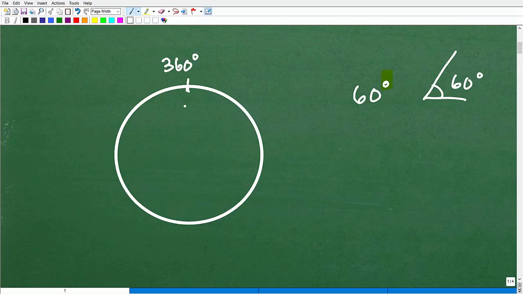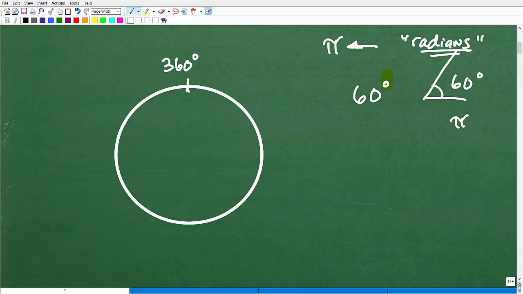But we have another way to measure angles. In trigonometry, we like to use pi. Everyone's familiar with pi, 3.14, et cetera. It's very important because it has to do with circles. So we have another way we can measure circles, and that's called radians. Here, I'll spell this out for you: R-A-D-I-A-N-S, radians.